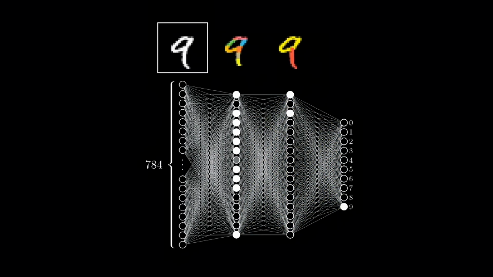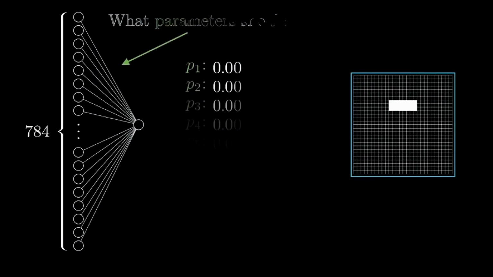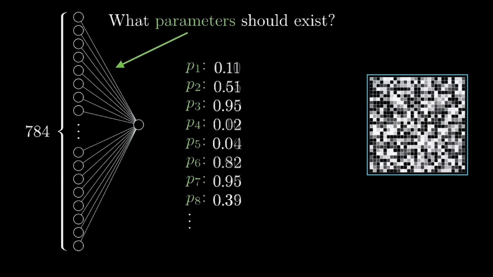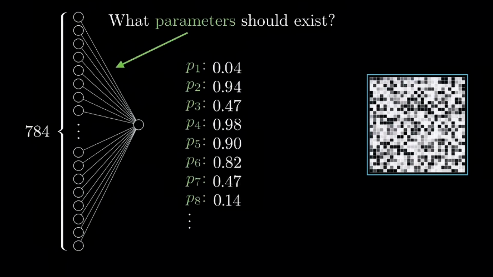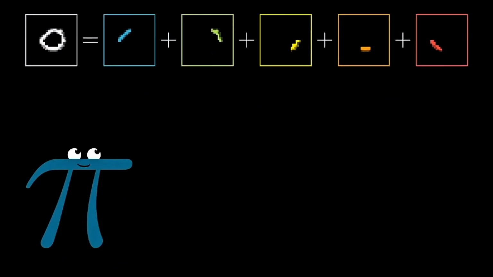And to zoom in on one very specific example, let's say the hope is for one particular neuron in the second layer to pick up on whether or not the image has an edge in this region here. The question at hand is, what parameters should the network have? What dials and knobs should you be able to tweak so that it's expressive enough to potentially capture this pattern, or any other pixel pattern, or the pattern that several edges can make a loop, and other such things?